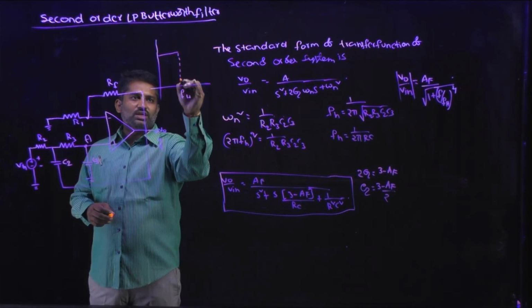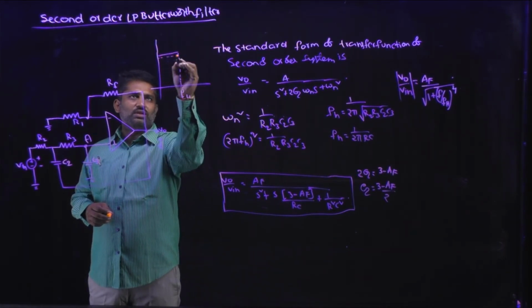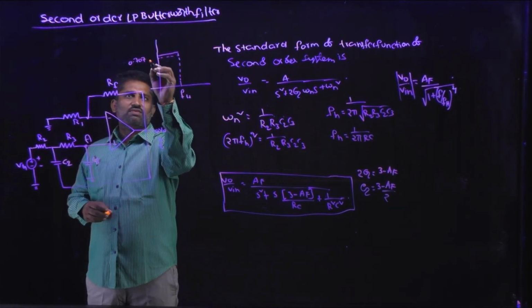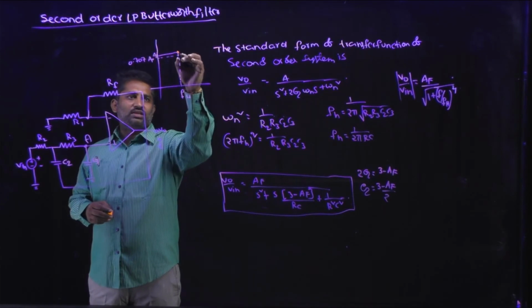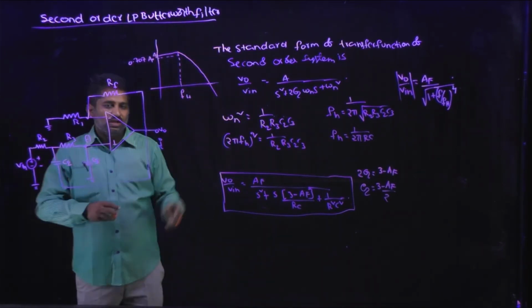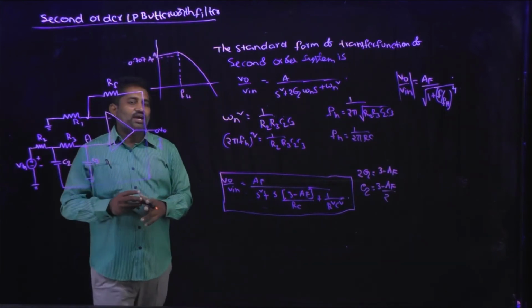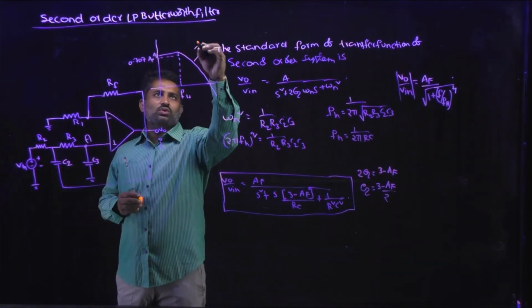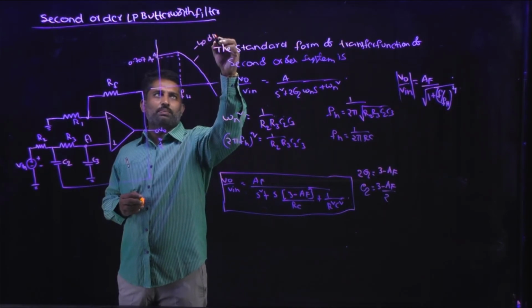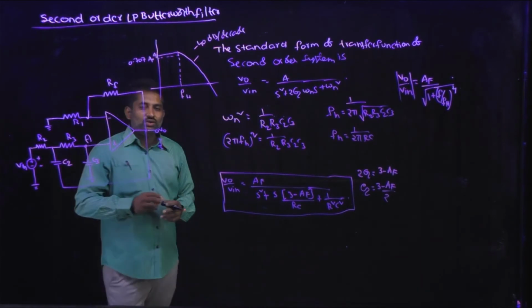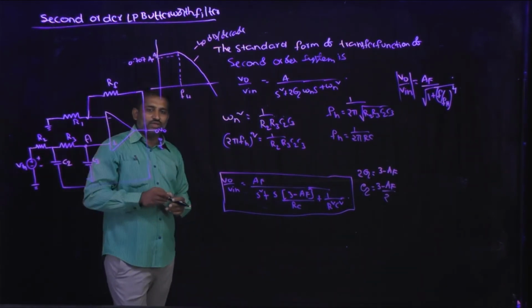Once it reaches the cutoff frequency, it will decrease by 3 dB, which is 0.707 into AF. After that the gain decreases and touches 0 dB at the maximum frequency, and here the gain rolls off by minus 40 dB per decade. Why? Because here it is the second order Butterworth filter.